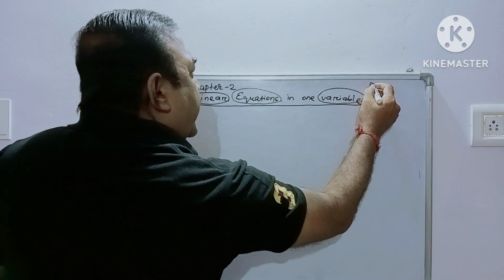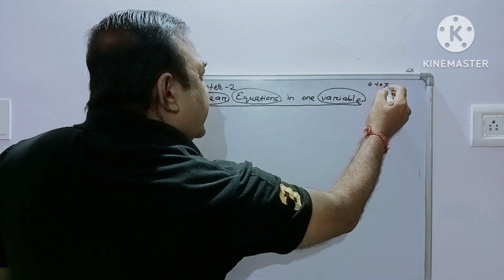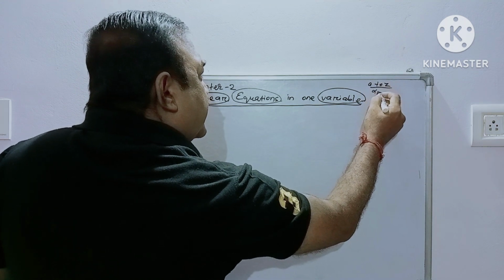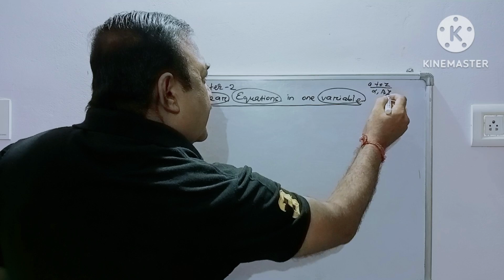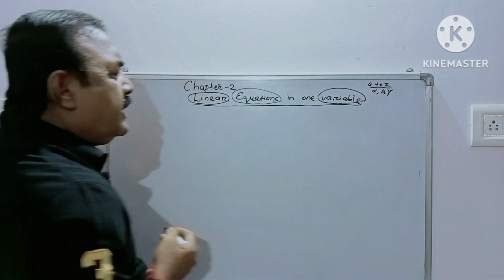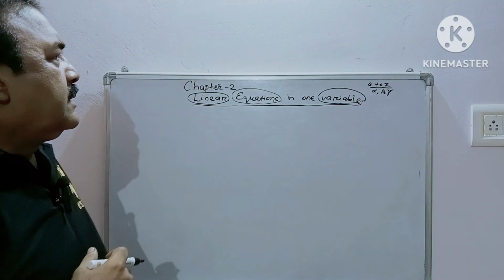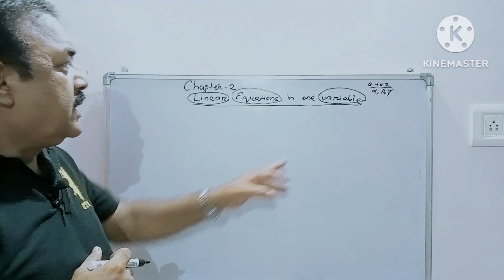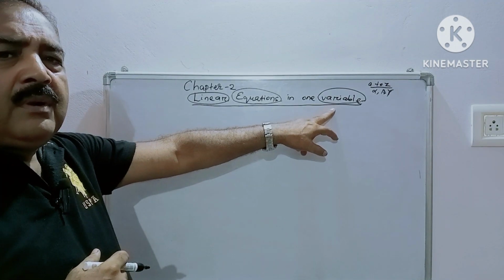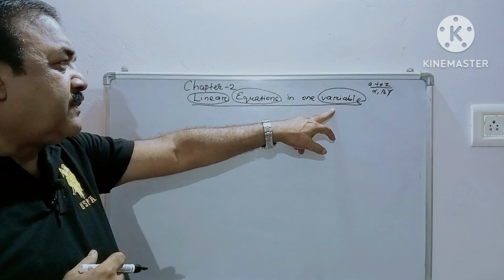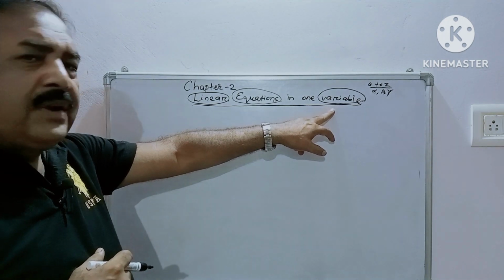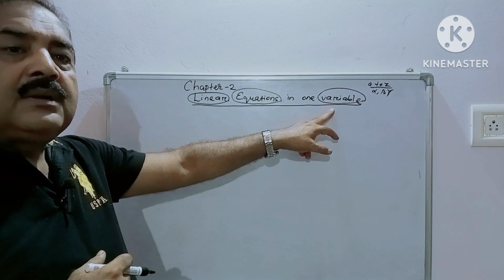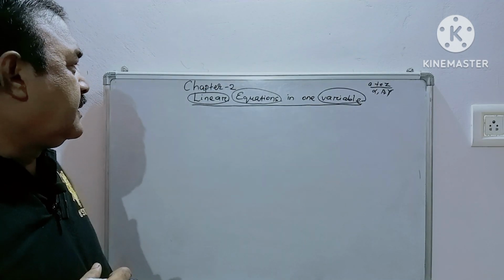From A to Z in English alphabets, also the Greek letters alpha, beta, gamma, like this we use. So the letters are used as numbers. We also call them variable, which do not have the constant value, which do not have the definite value. Okay, these are also called literals.